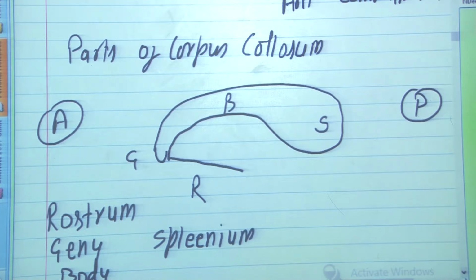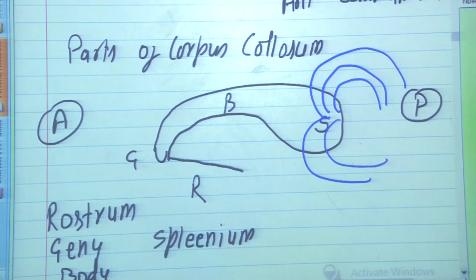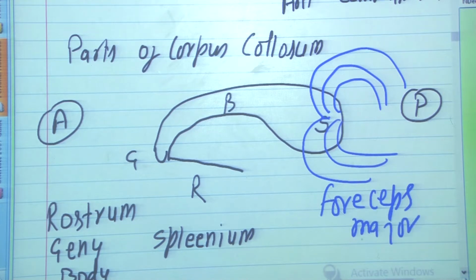Now see, fibers from the splenium arch posteriorly like this and form forceps major. So forceps major is formed by the fibers of splenium. They connect the two occipital lobes.